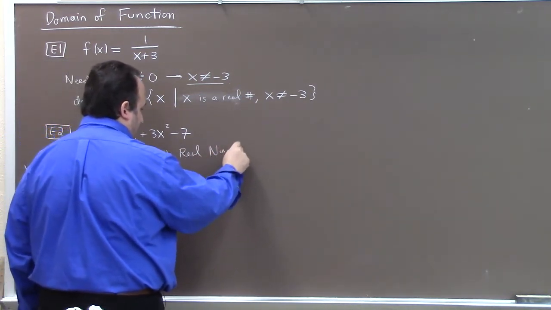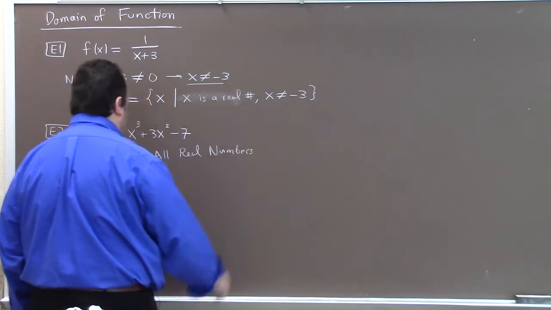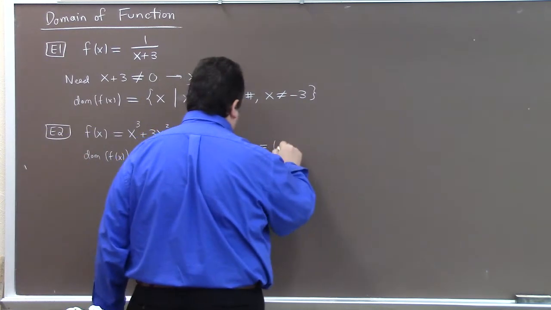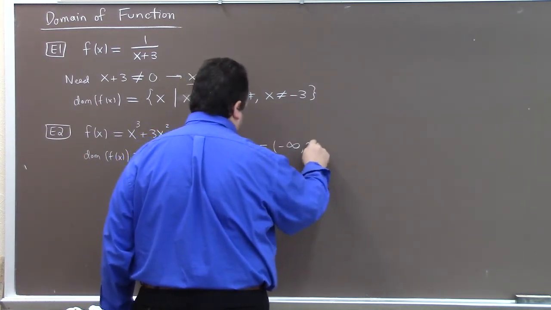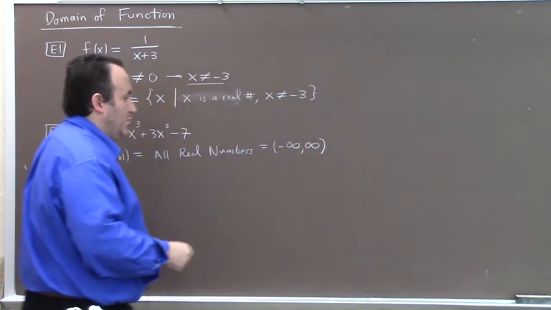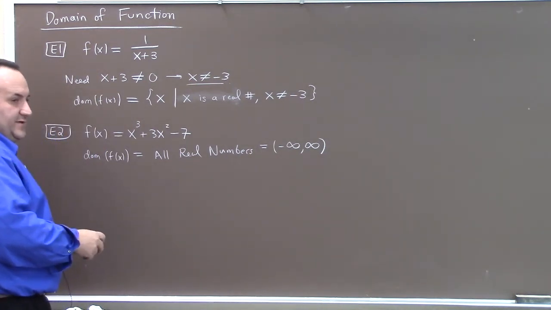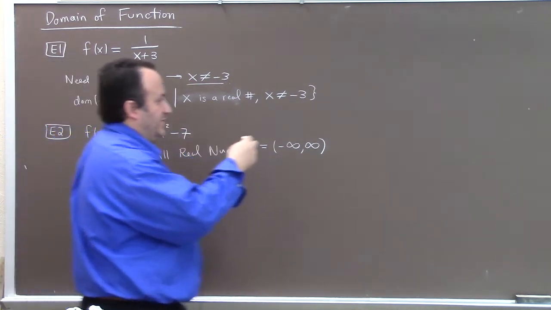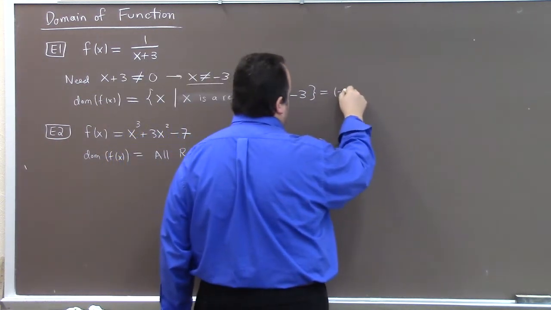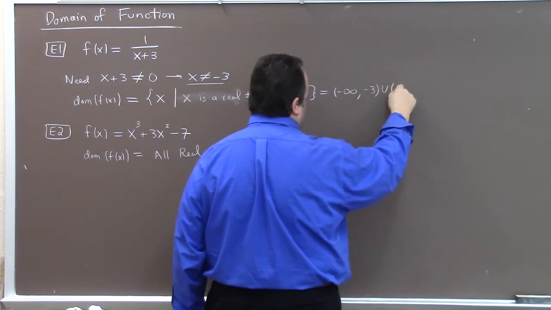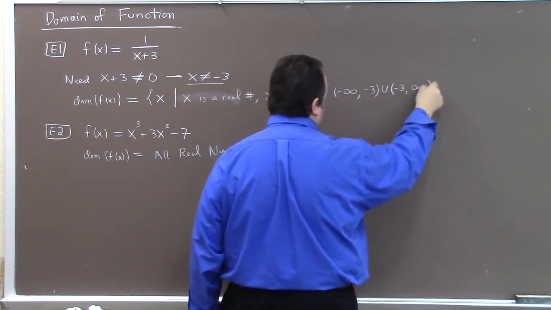That's the answer. Now, in interval notation, that's minus infinity to infinity. What was the answer to the previous problem in interval notation? Well, in interval notation, the answer to the previous one is minus infinity to minus 3, unioned with minus 3 to infinity.